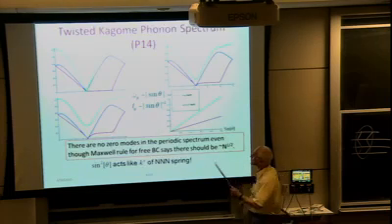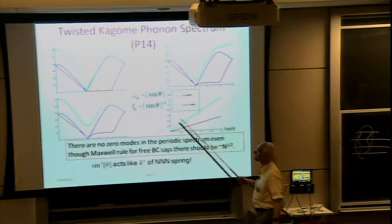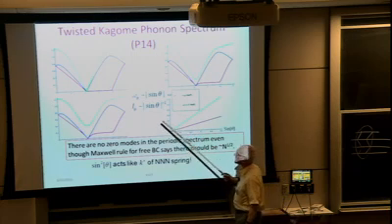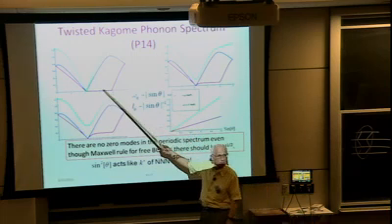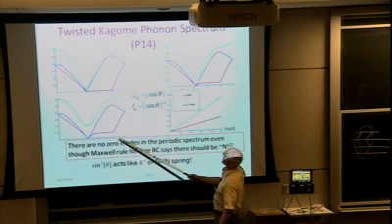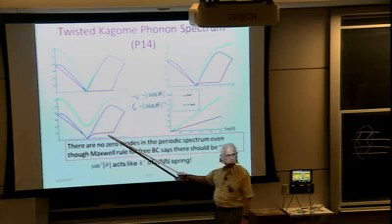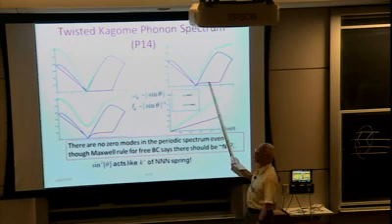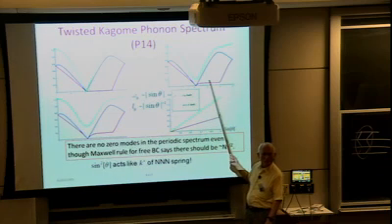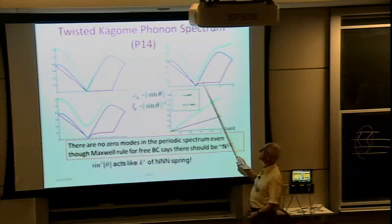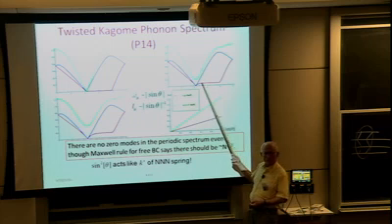And in fact, the spectrum looks almost identical to the spectrum of the one where I add next nearest neighbor. So this is the standard Kagome lattice. This is what happens when I add a next nearest neighbor. And this is what happens when I twist it. So just by this geometric operation, in my language, I've gapped the spectrum.